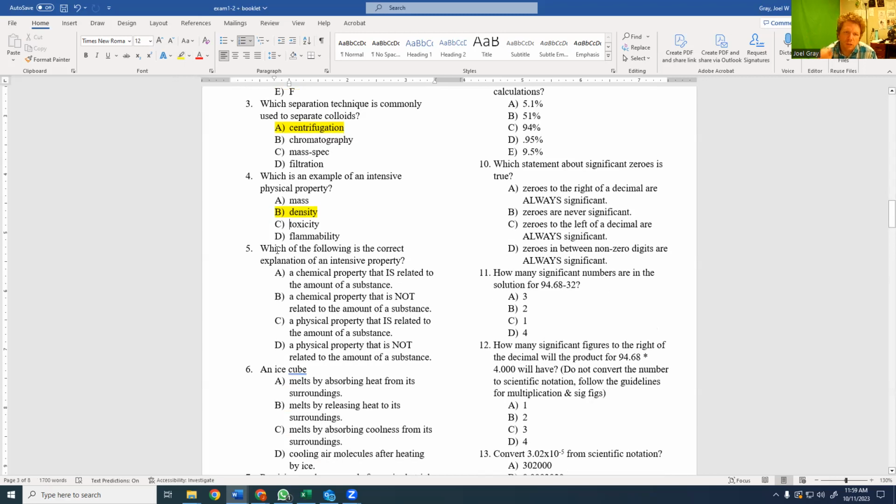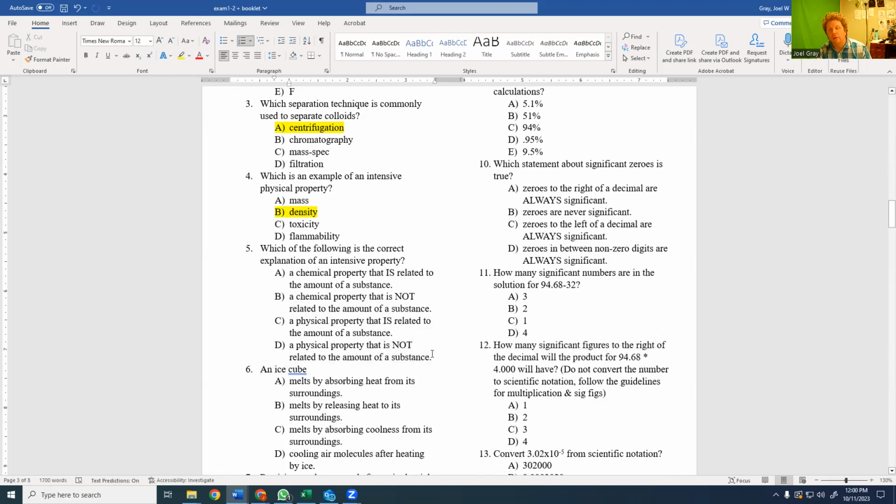Question number 5, which of the following is the correct explanation of an intensive property? A chemical property that is related to the amount of a substance, a chemical property that is not related to the amount of a substance, a physical property that is related, and a physical property that is not related to the amount of a substance.